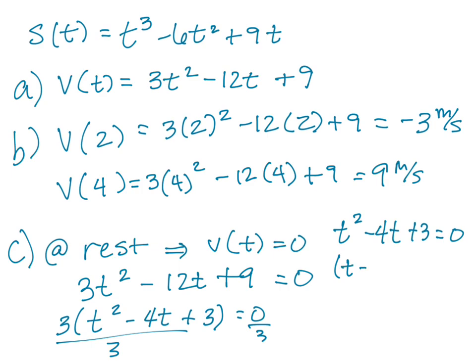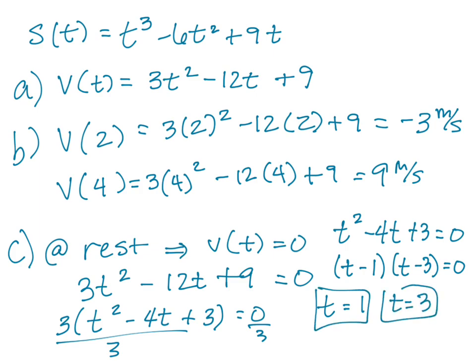Both factors are negative. So t minus 1 and t minus 3. So the particle is at rest at t equals 1 and at t equals 3 seconds. So far, so good? Okay.